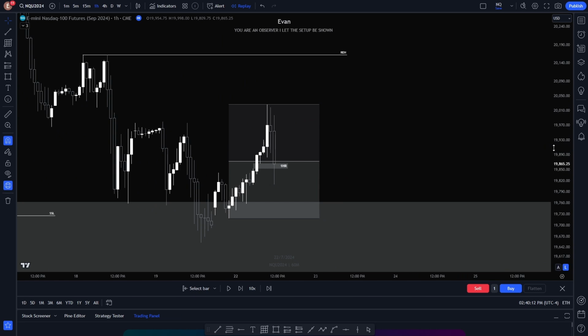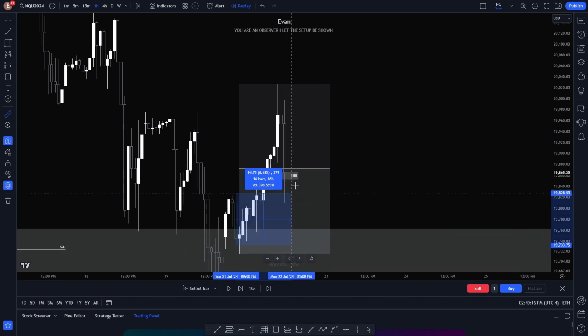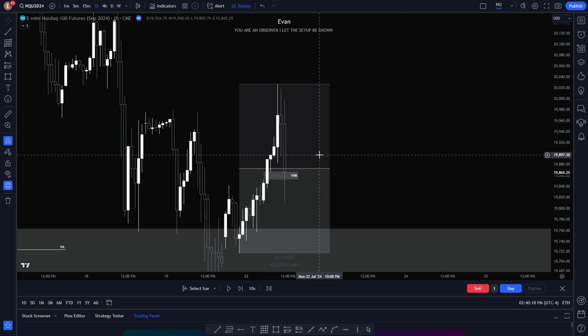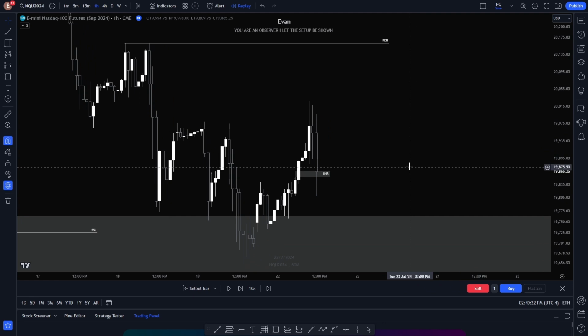As you can see right here, this fair value gap of this price leg is in discount. That's also another A plus sign because it makes it more highly probable. So we've now got a retracement back into our 1 hour fair value gap.